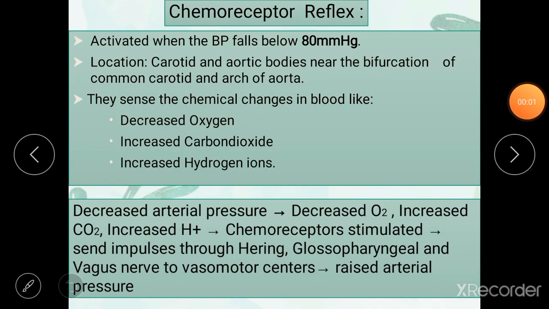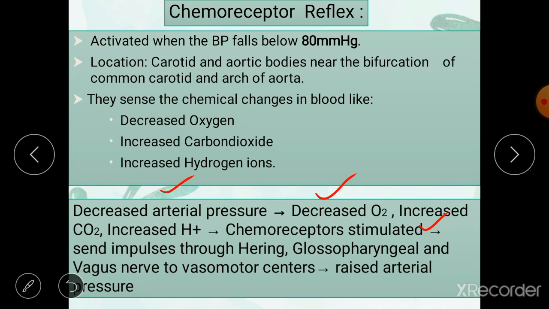The same is shown here in this flow chart, that whenever there is decreased arterial pressure, mean arterial pressure less than 93.3, there is going to be decreased oxygen and increased carbon dioxide and hydrogen concentrations within the carotid body and the aortic bodies, and the chemoreceptors in these bodies are going to become stimulated.